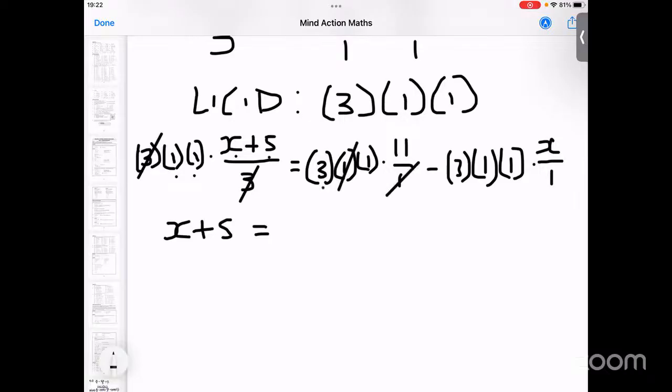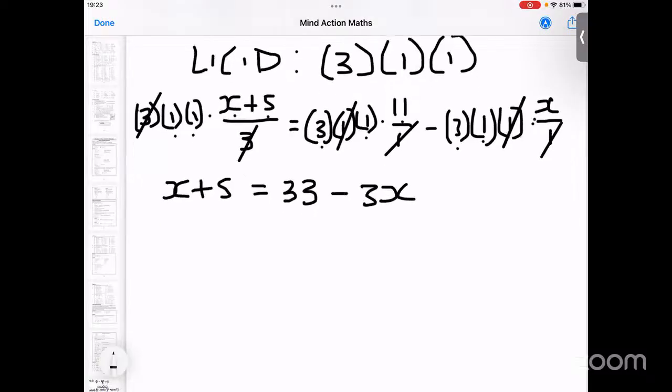You have 3 times 1, which is 3, that multiplies 11, which is 33. Then that one cancels with that, so you have 3 times 1x, which is 3, so you have negative 3x.